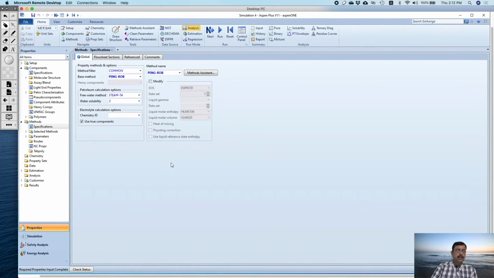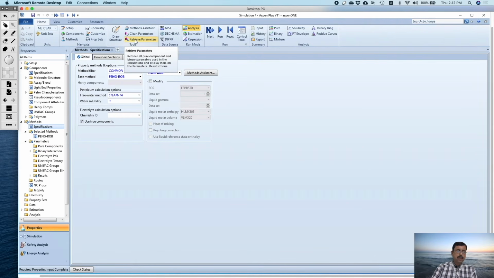Now here, usually Aspen Plus does not show the parameters on its own. If you want to know the pure component parameters, you have to choose retrieve parameters. It will retrieve all the pure component parameters used in the calculation and display them on the parameters and results form.